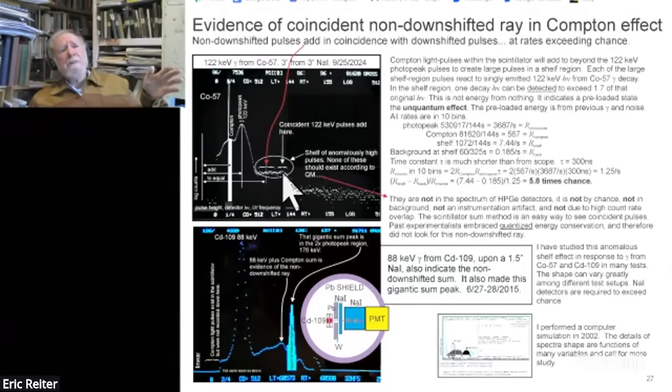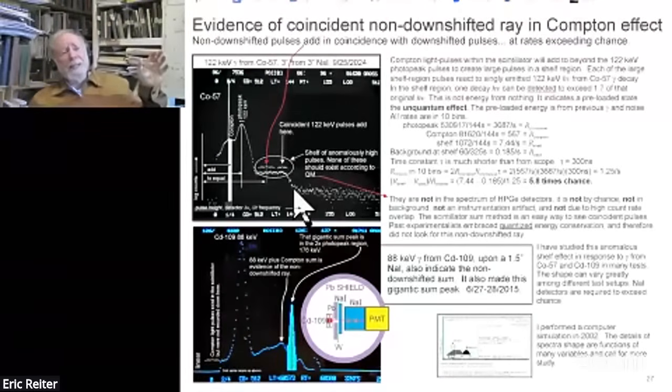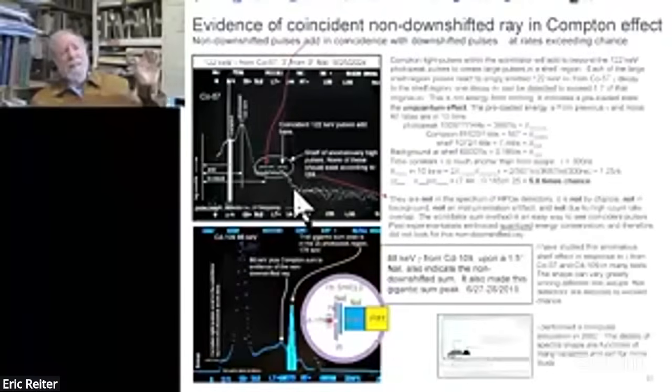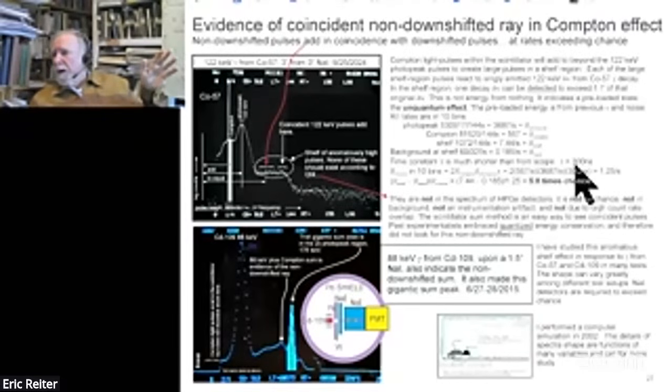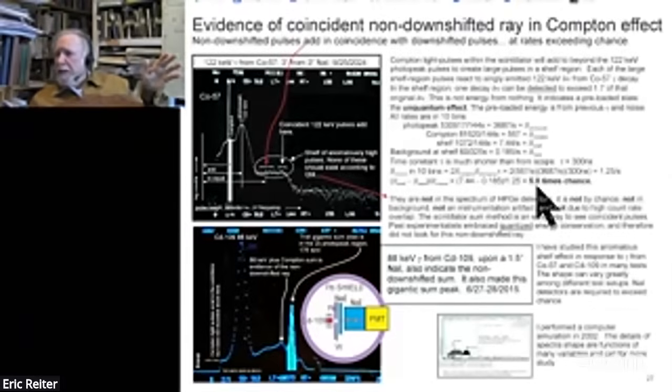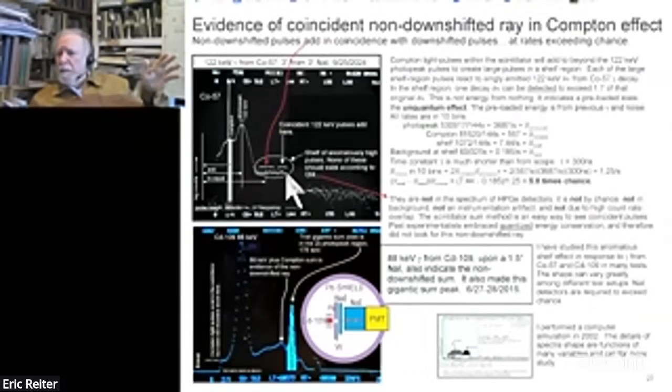The time constant is the time of the flash of light, the pulse width inside the detector. There are people who've sorted out what that would be, and I take a conservative number for it, and I'll show how to measure it also, of 300 nanoseconds, and you get about 6 times chance over here. So that's a quantum effect you can see just in one detector.